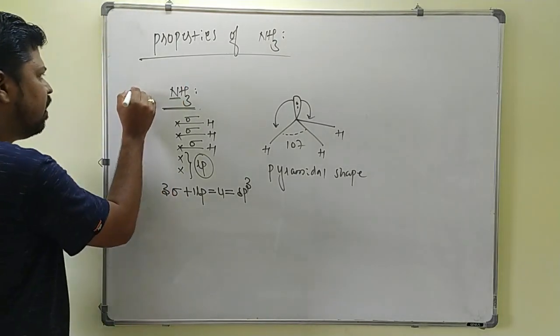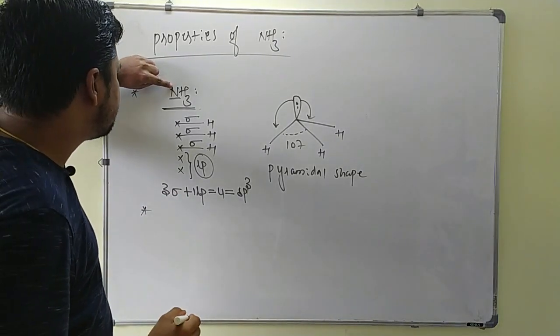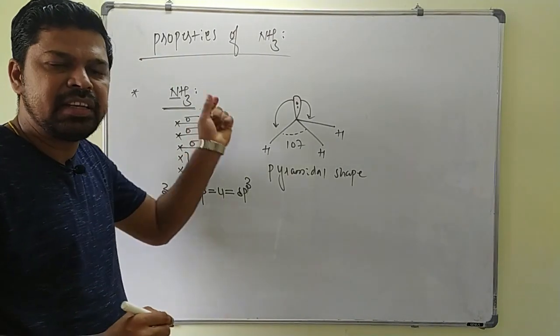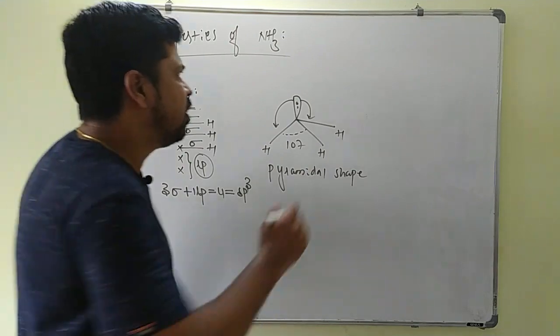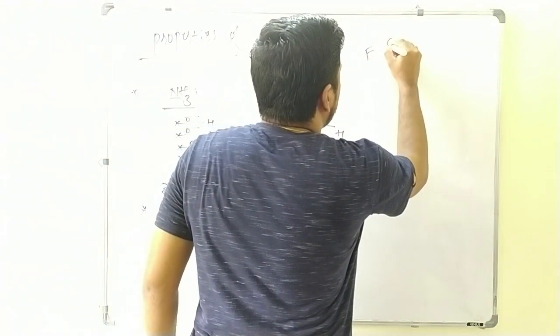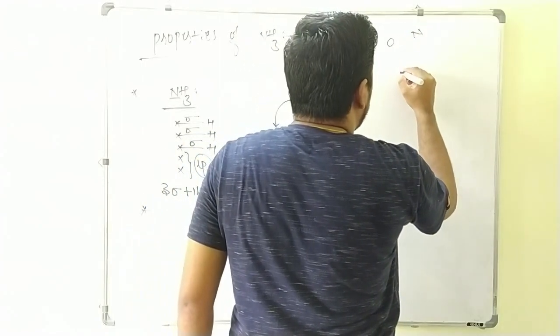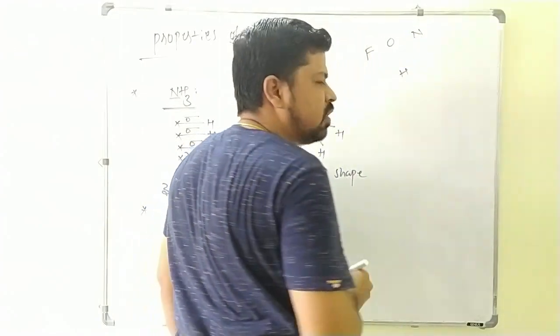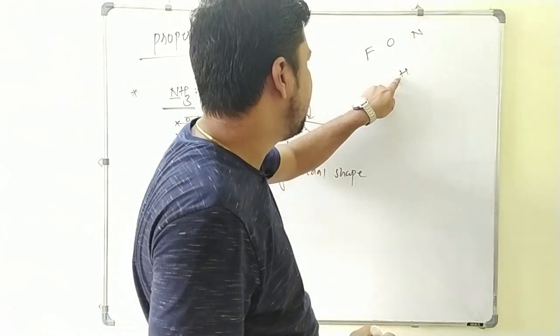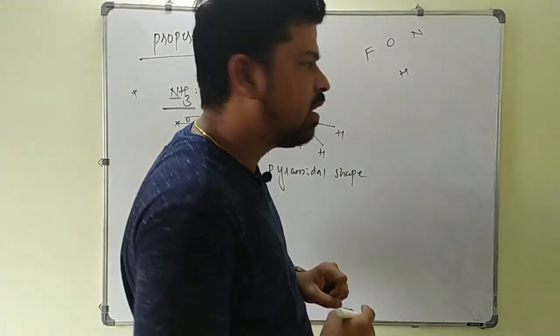Next point, you can see here this nitrogen has the smallest size, and it is highly electronegative in nature. Already we know that the highly electronegative elements like fluorine, oxygen and nitrogen will form a hydrogen bond with hydrogen. The electrostatic force of attraction that exists between the hydrogen and the more electronegative element is called a hydrogen bond.